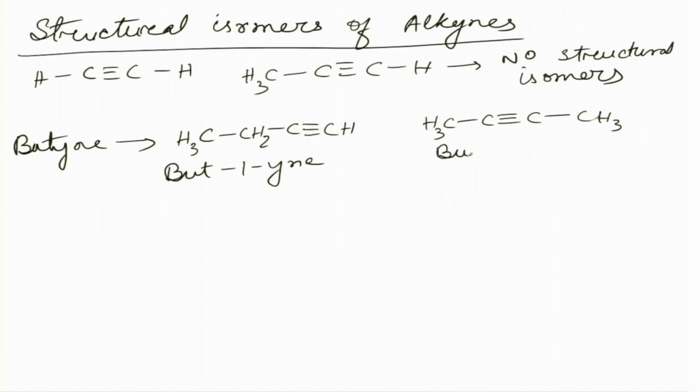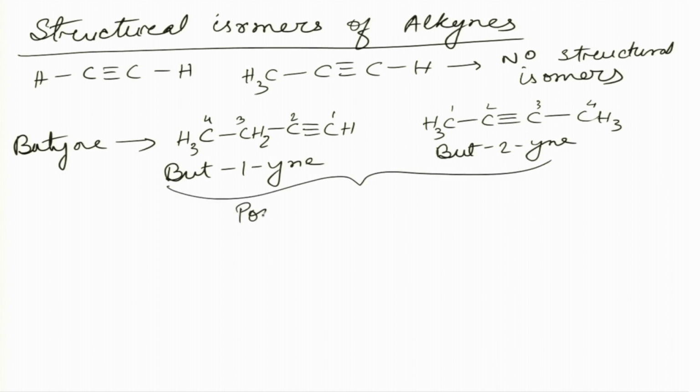This is called but-2-yne. Okay. So, in this molecule the triple bond was between carbon 1 and carbon 2, but in this molecule the triple bond is between carbon 2 and carbon 3. So, these are positional isomers.